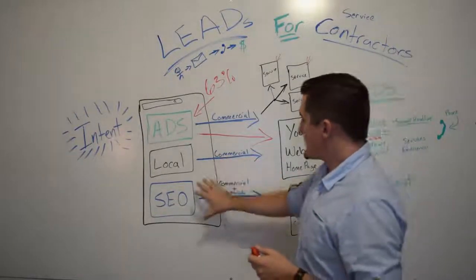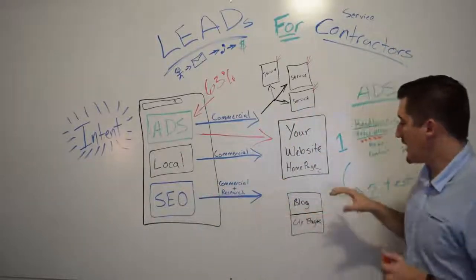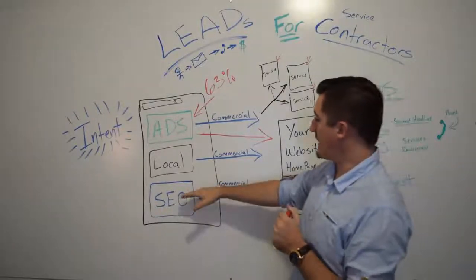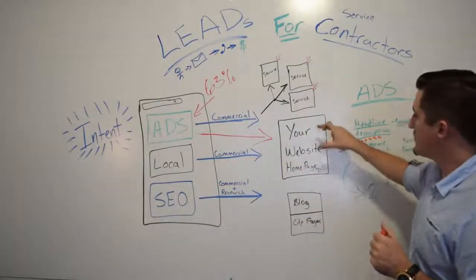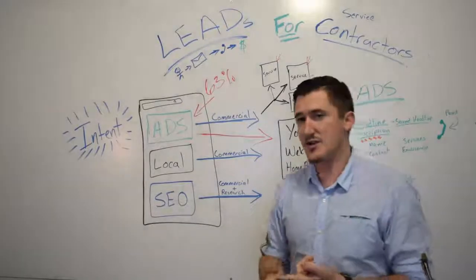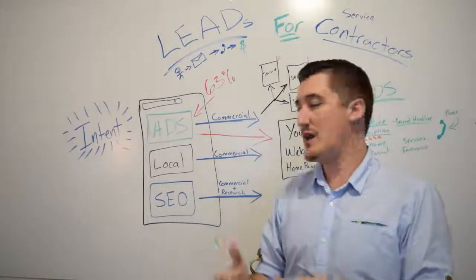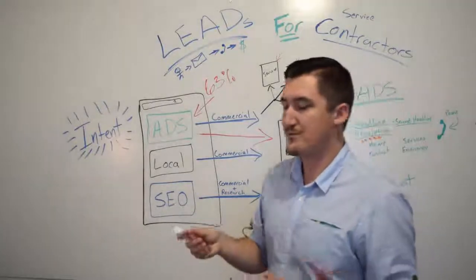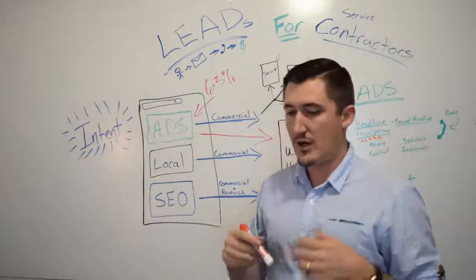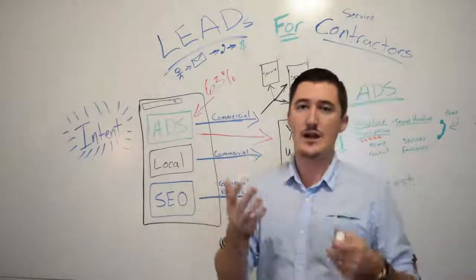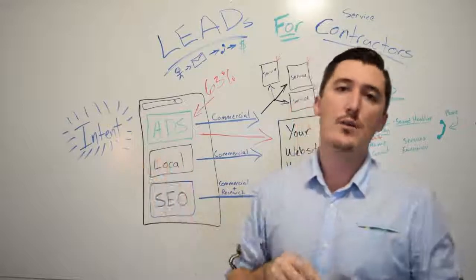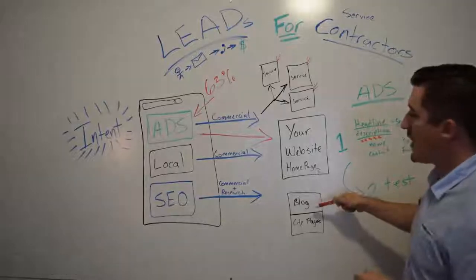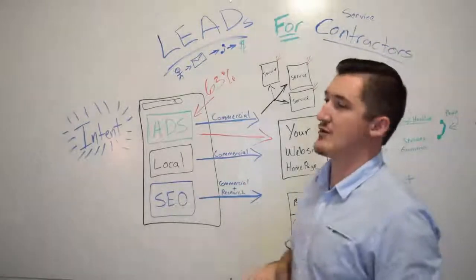Now, as far as the SEO part and generating leads through that, you can spend a lot of time and effort on SEO and hopefully get ranked. That'll typically be to your homepage, possibly a service page or a specific city page. But if you're going after the research intent, to build authority in your space and in your area and come across as the number one person to go to with any of those related problems, you could have a blog going after those types of terms.